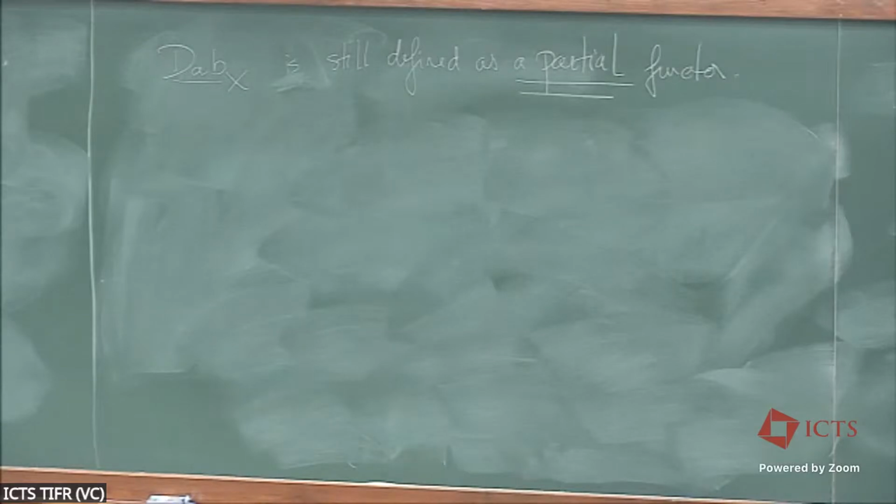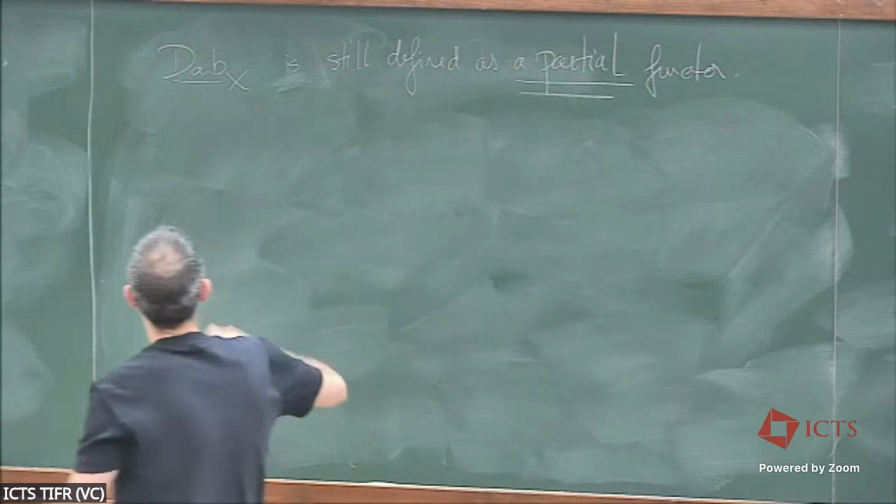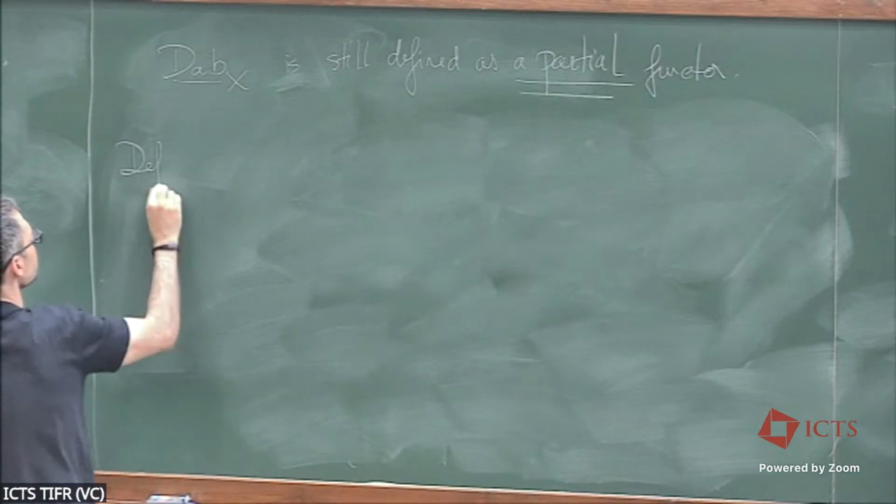Okay? So what I mean, a partial functor is the following. Let me give you a definition.